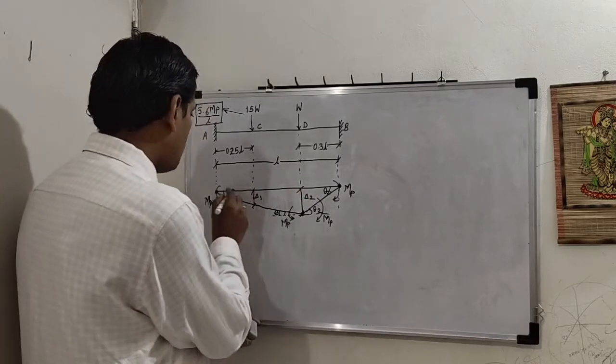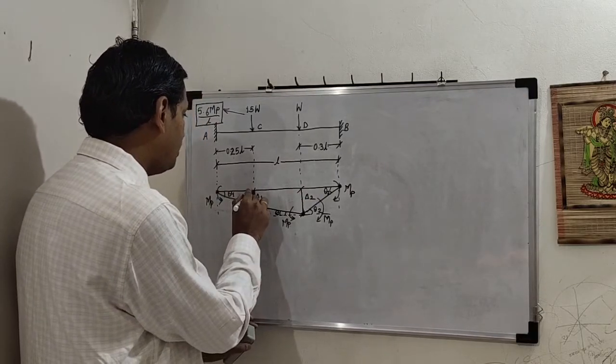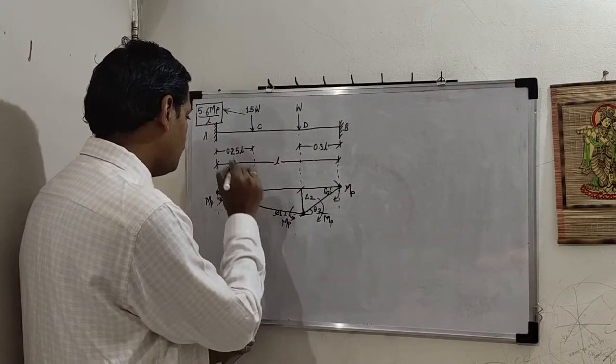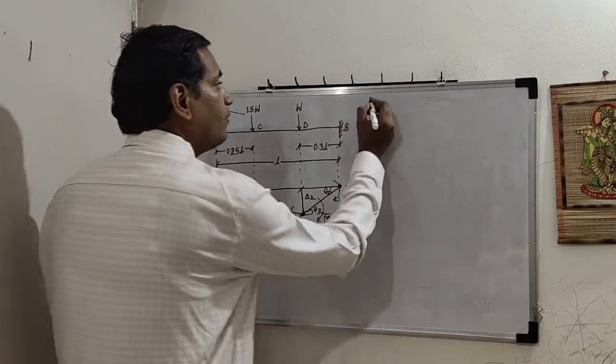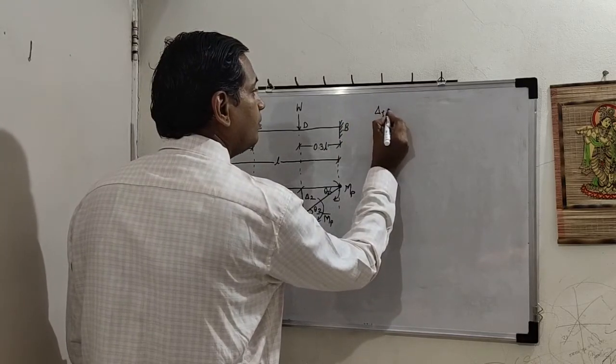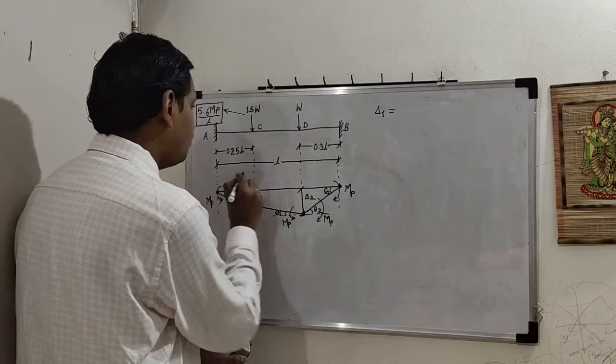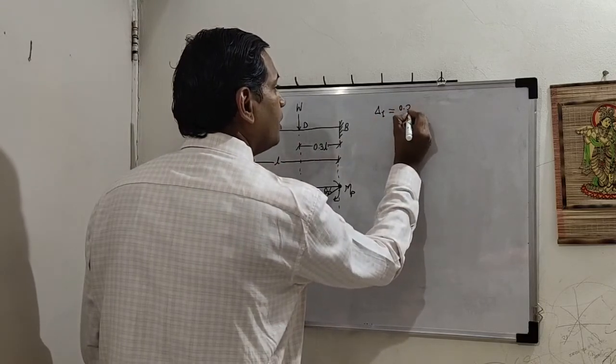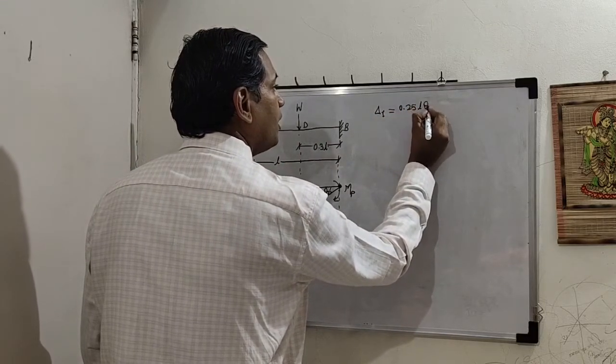Okay, so now this smaller right angle triangle, we will get from this delta 1 is equal to 0.25 L theta 1.